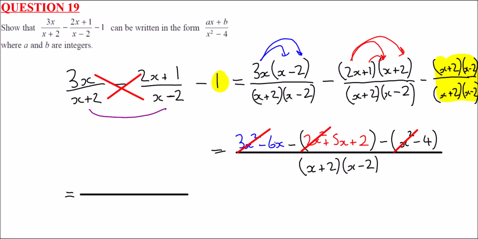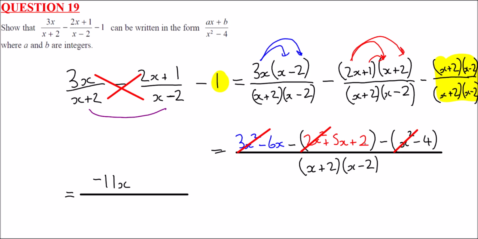I've got minus 6x minus another 5x's. That in total is minus 11x. Now the digits, the simple units, I've got minus 2 here, then minus 4, so therefore I need to add 4, because a minus next to a minus makes it a plus.